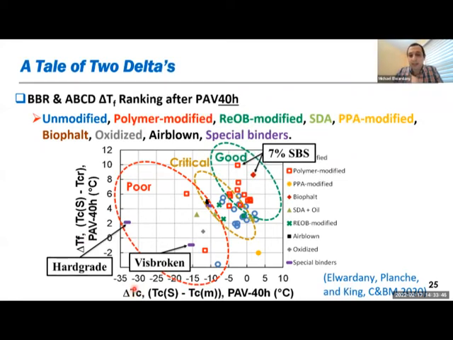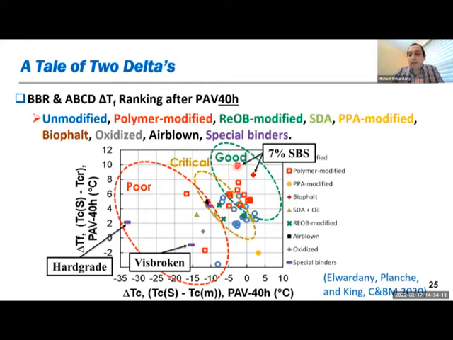Basically, delta TC can detect RUB, air-blown, visbroken, or oxidized binder, but delta TF can tell us whether this is a modified binder with higher strength or not. So you can see that in this area, the upper right-hand side of this plot, are the binders that have good delta TC and good delta TF values.